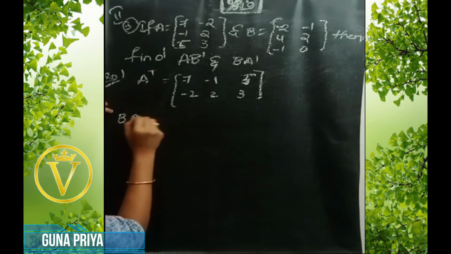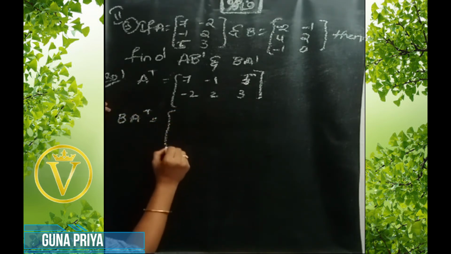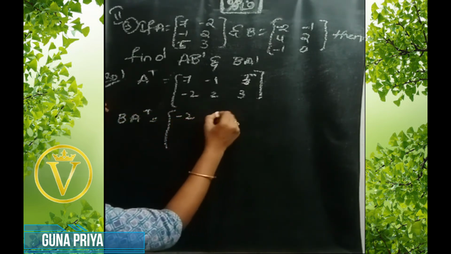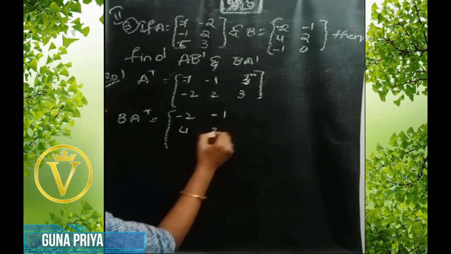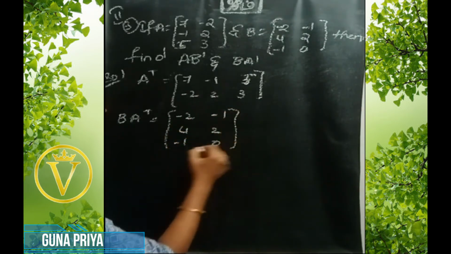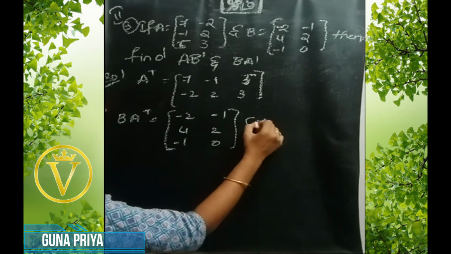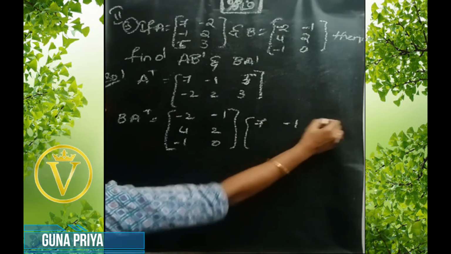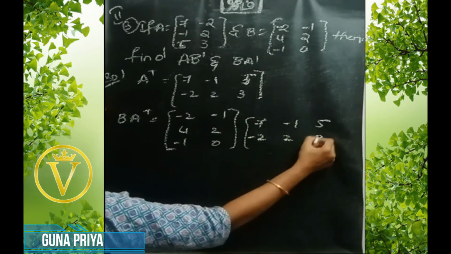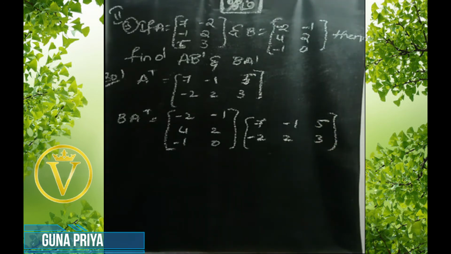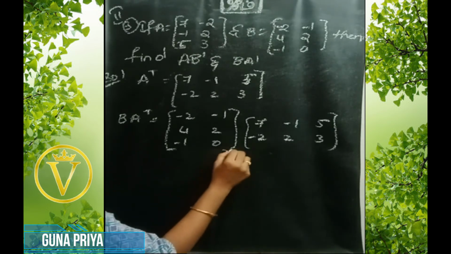Now BA transpose equals minus 2 minus 1, 4, 2 minus 1, 0. Have to multiply 7 minus 1, 5 minus 2. Before going to the matrix multiplication, we have to cross check whether it exists or not.